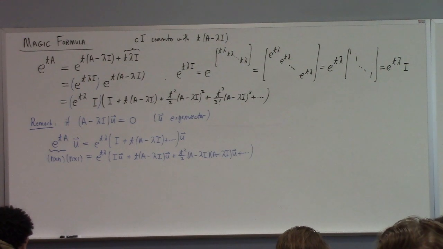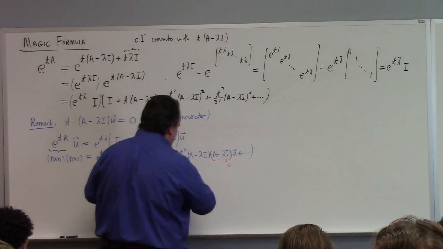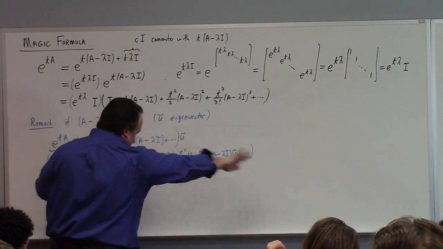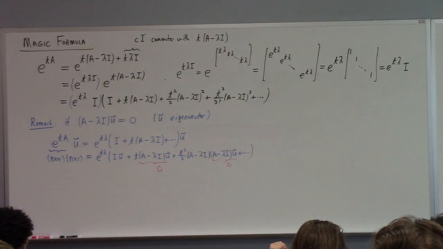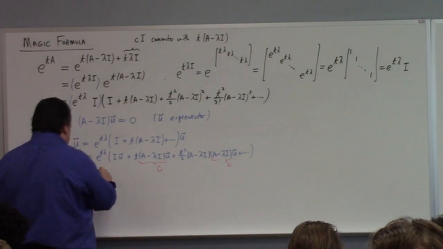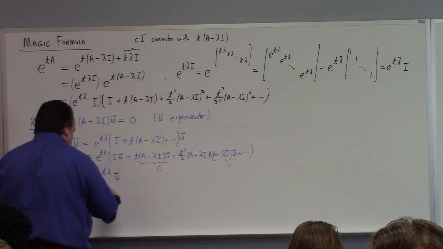But what's the deal? A minus lambda I times u is equal to what? 0. So this is 0. This is 0. 0 times 0, 0, 0, 0, all 0. And you're just left with what? Yeah. So we could drop the identity, right? So this is just e to the t lambda times u.